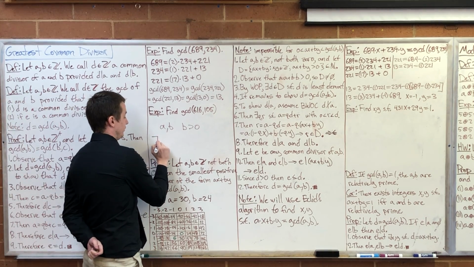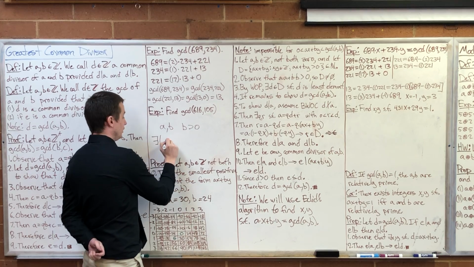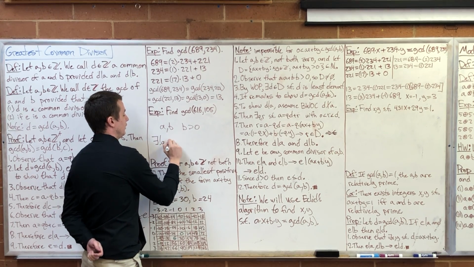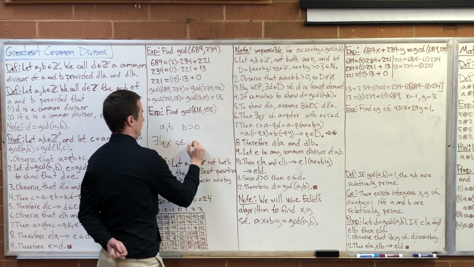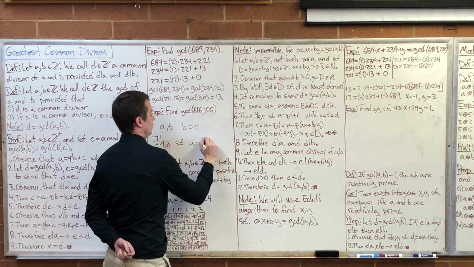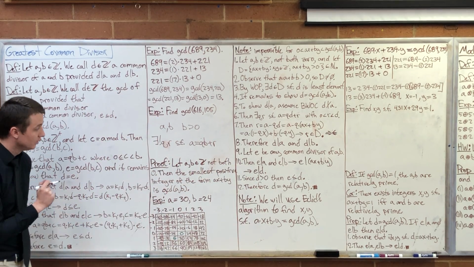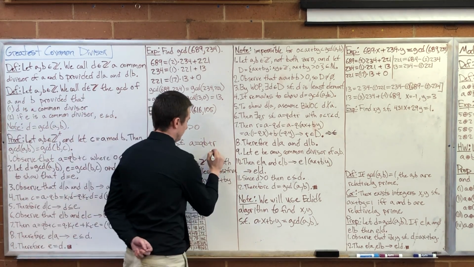That there exist two unique integers, q and r, such that a is equal to qb plus r, where r is the remainder and q is the quotient.